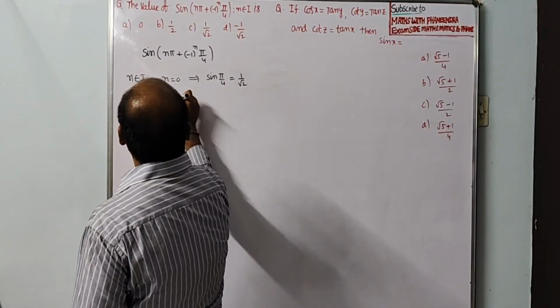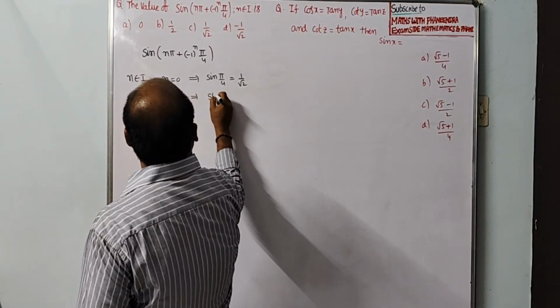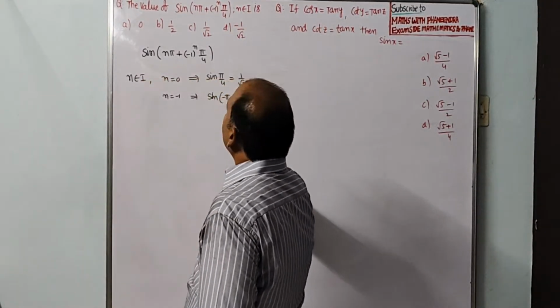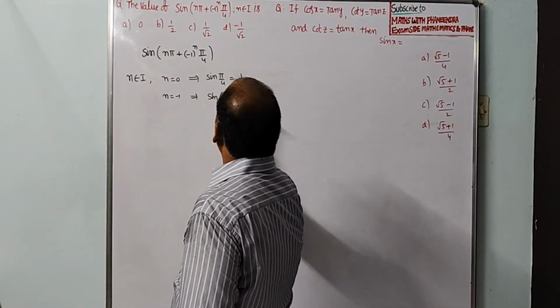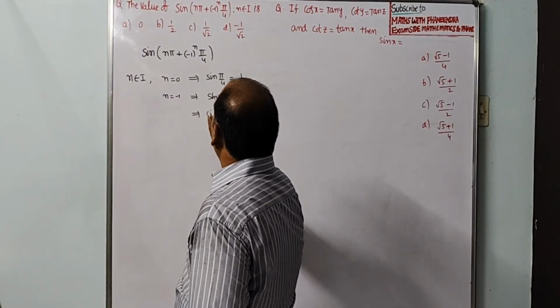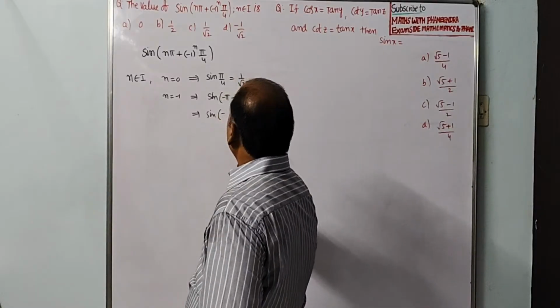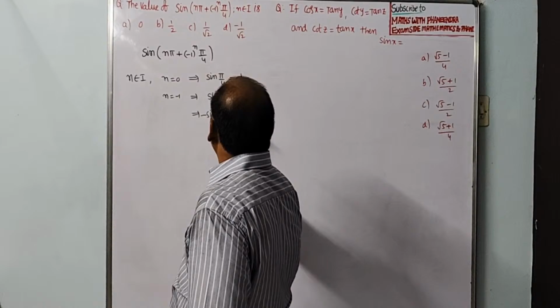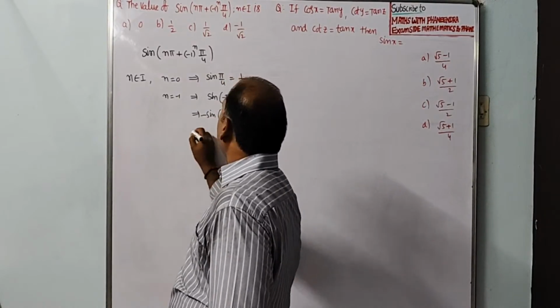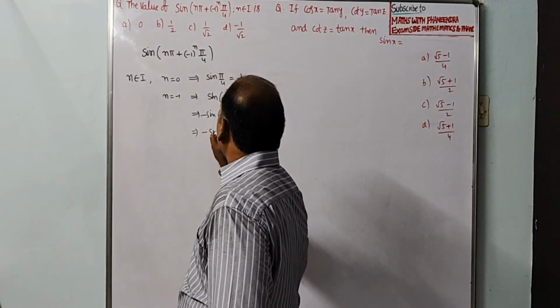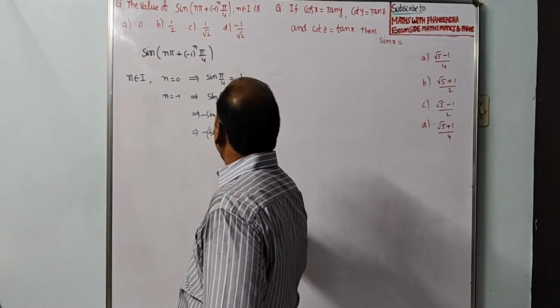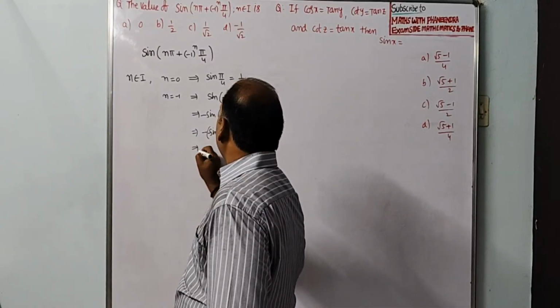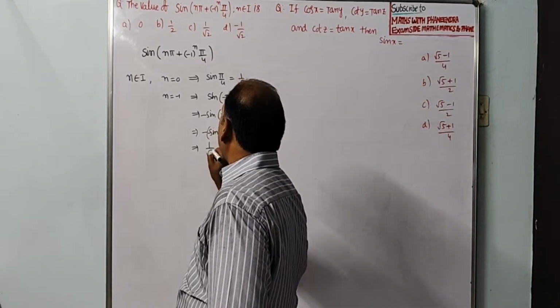N is equal to, suppose, minus 1, if you take sine minus pi by 4. So that implies sine of minus, take common, sine of minus pi plus pi by 4, minus sine of pi plus pi by 4, minus sine pi by 4. So minus into minus is plus, sine pi by 4 is 1 by root 2.